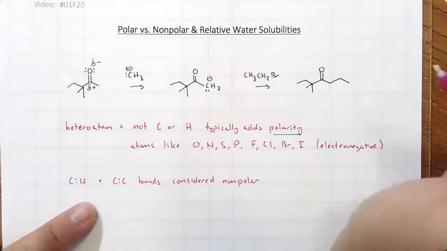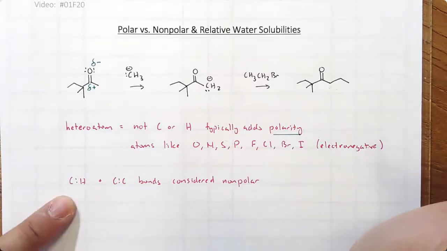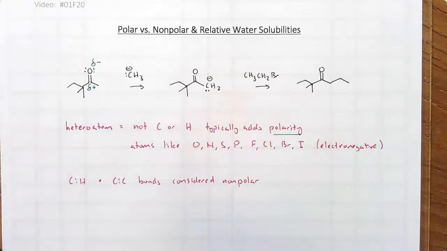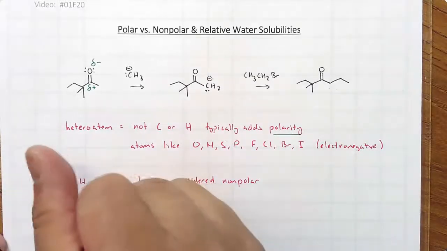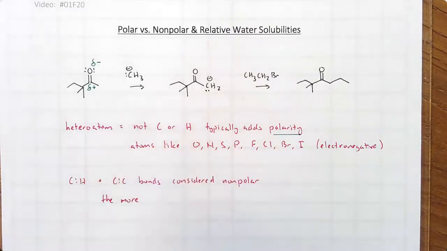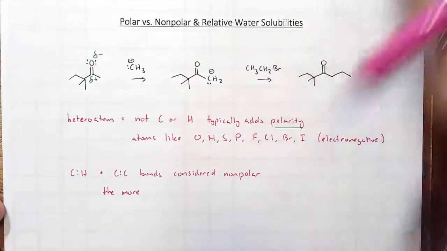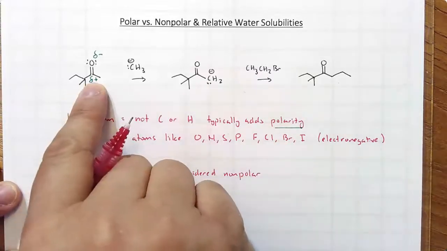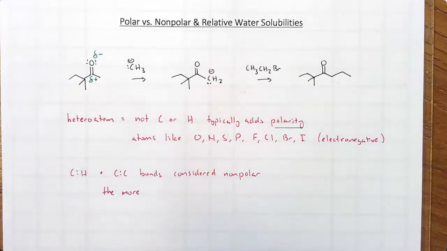The more carbon-carbon bonds and the more carbon-hydrogen bonds you have relative to the heteroatoms, the more nonpolar the molecule is. I'm not going to give a ratio. With experience and more practice in the lab and in the lecture, you'll know how to determine whether we have enough bond dipoles to make the molecule polar enough for it to be soluble in water.